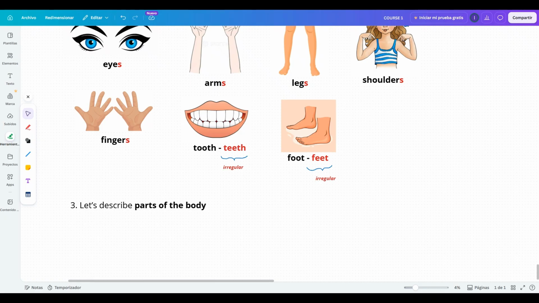For example, you can say green eyes. You know? Okay. Let me show you this. Look at this girl, right?